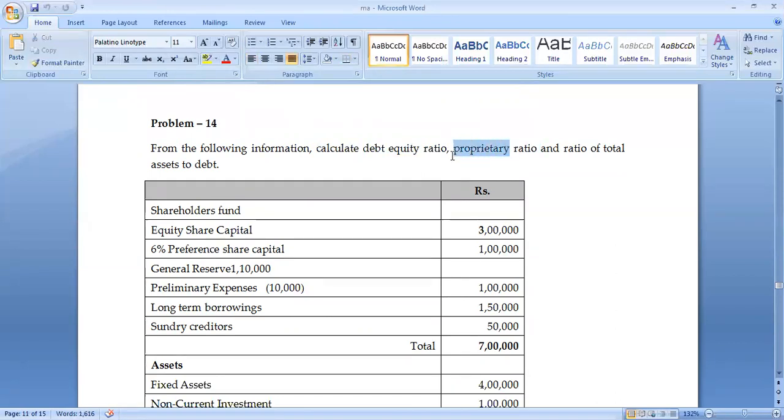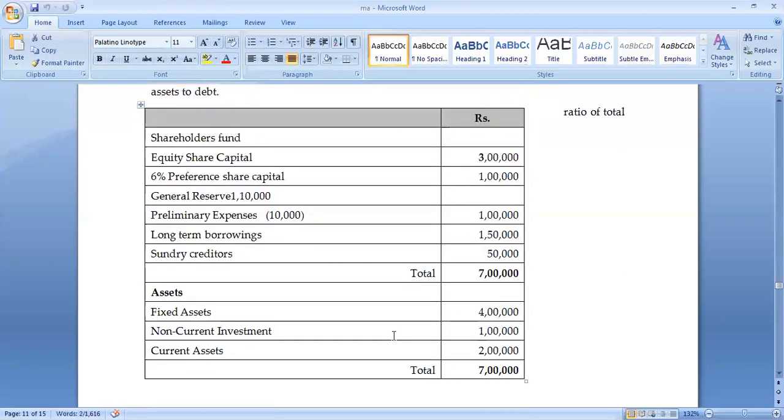So proprietary includes the shareholders, which will be taken into consideration along with the assets. Debt, we have already discussed. The debt considers the debt along with the equity. You can also write it as debt divided by equity formula. Whereas the proprietary ratio considers the shareholders fund along with all the assets, total assets.